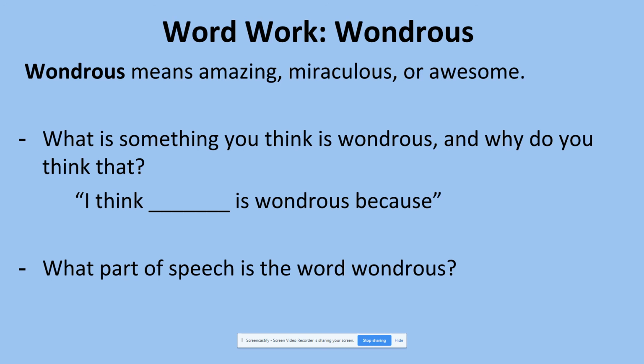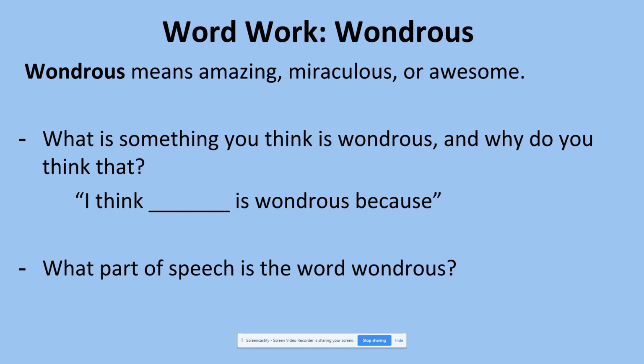So if you could say to yourself, I think blank is wondrous because, what's something that you think is amazing or miraculous or awesome? What part of speech would that be? If I said the wondrous brain, wondrous is doing what? It's describing the brain. It's saying that we think that the brain is amazing or miraculous or awesome.